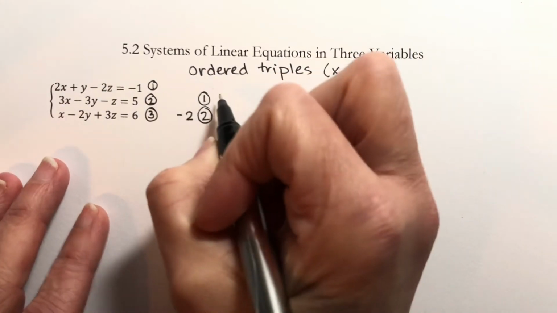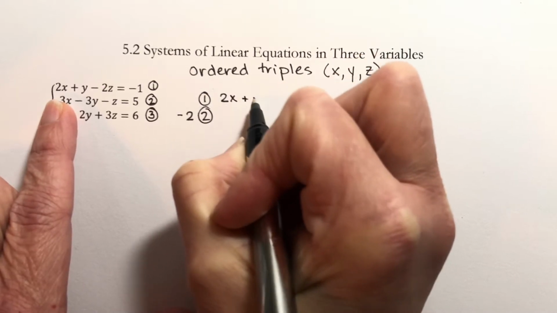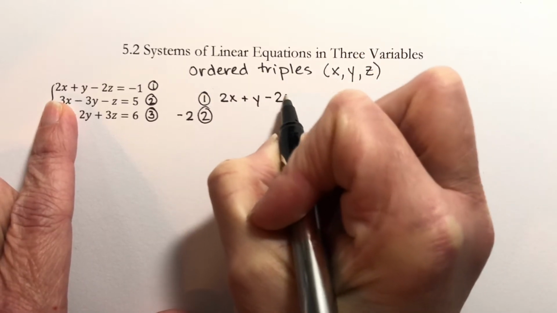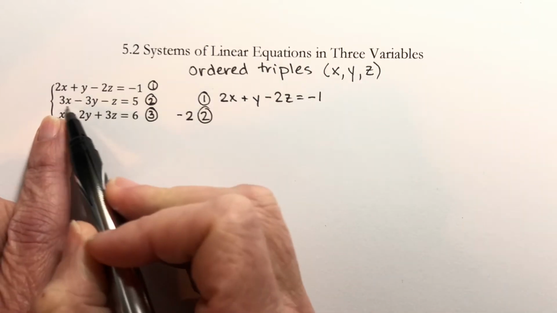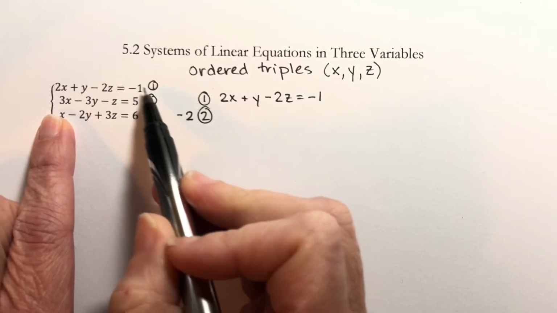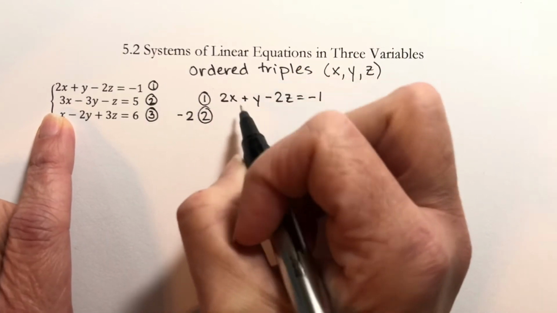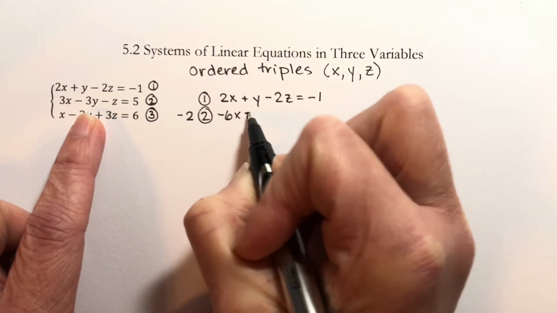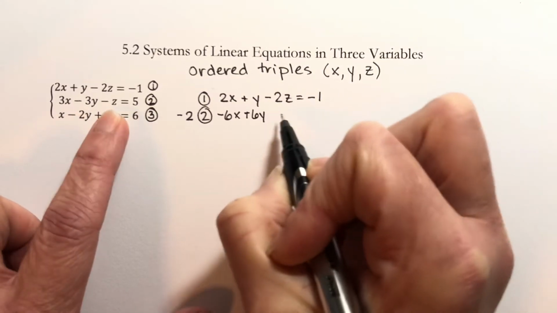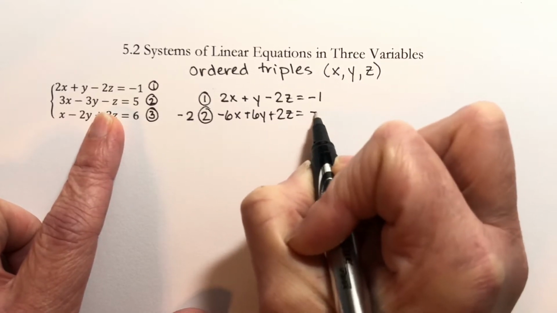So recopy your first one, since I didn't multiply it by anything. And then multiplying everything here, including the 5. People always forget that last number. So multiply everything through here, and you get -6x plus 6y plus 2z is equal to -10.